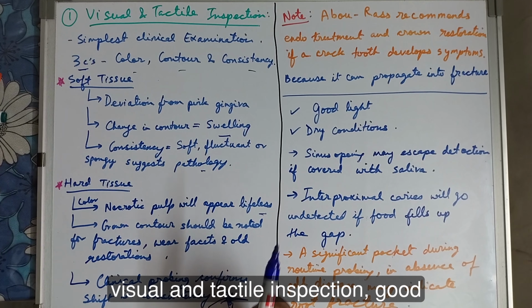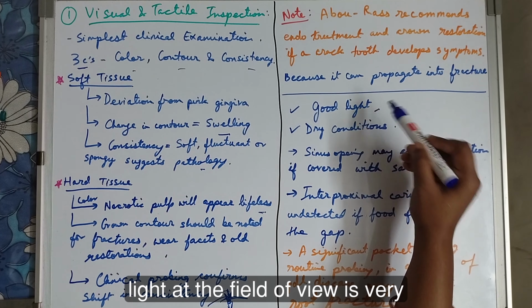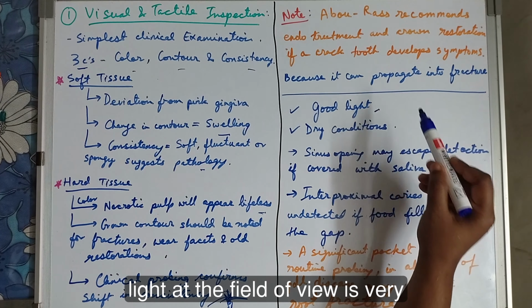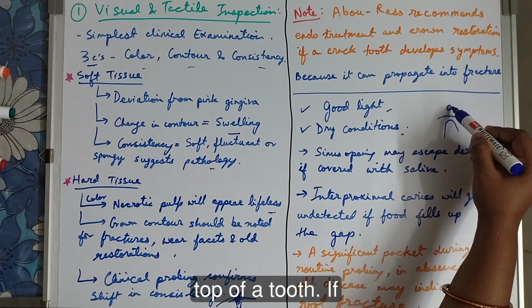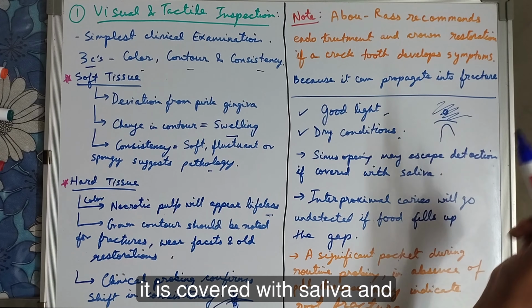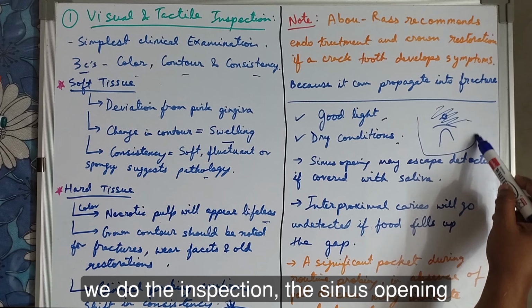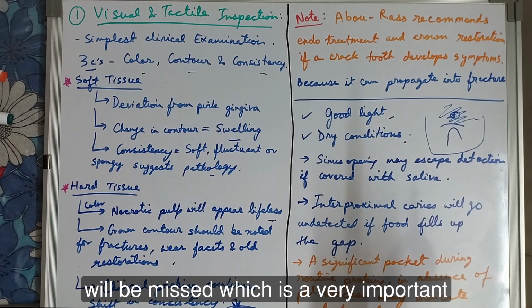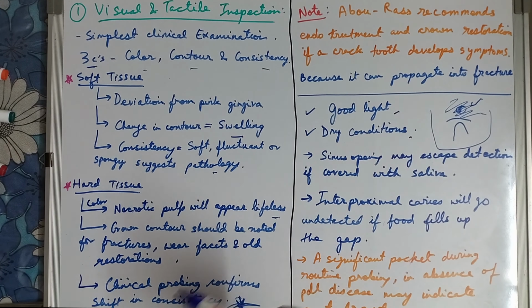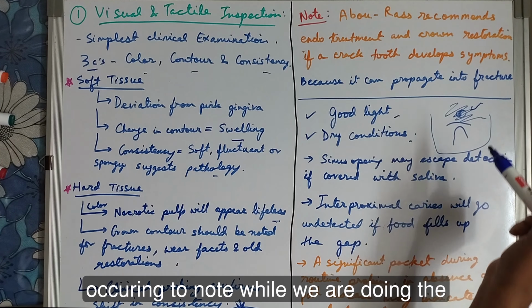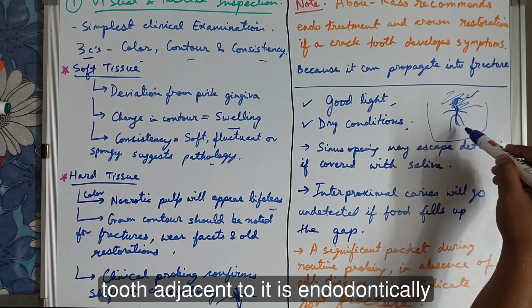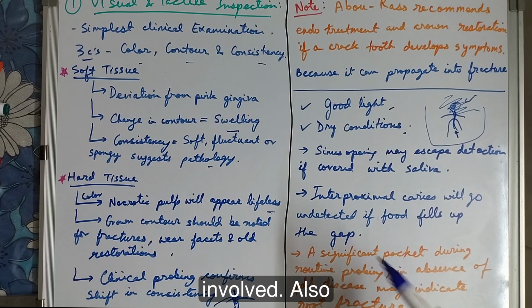While performing the visual and tactile inspection, good light in the field of view is very important, and second important is dry conditions. The reason being, for example, there is a sinus opening on top of a tooth. If it is covered with saliva and we do the inspection, the sinus opening will be missed, which is very important to note so that we know that the tooth adjacent to it is endodontically involved.